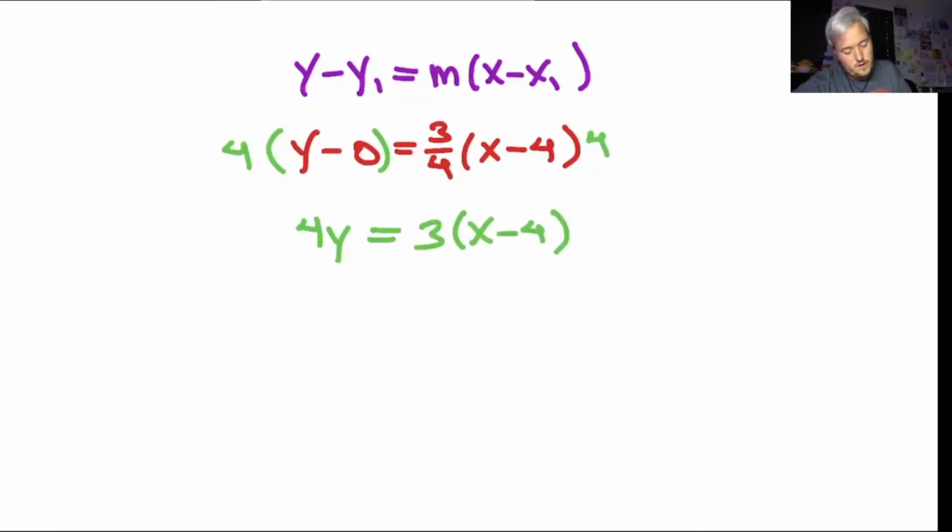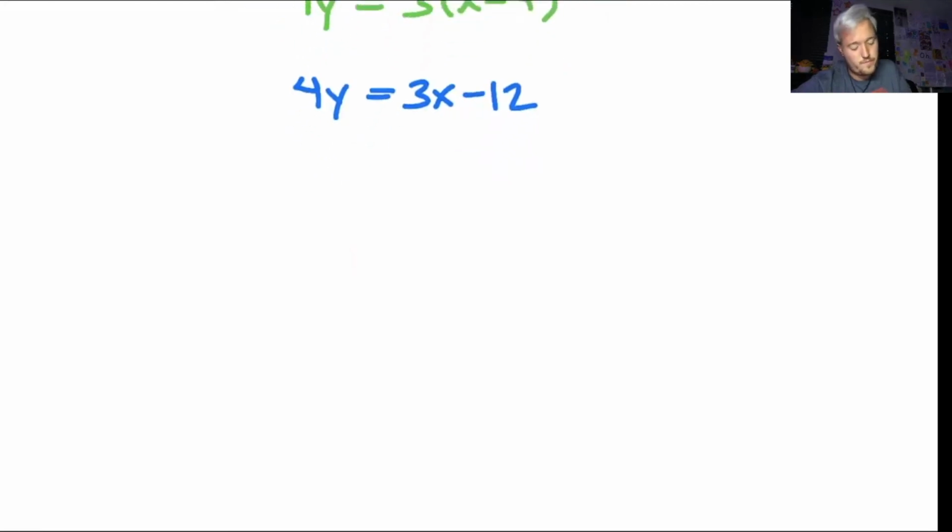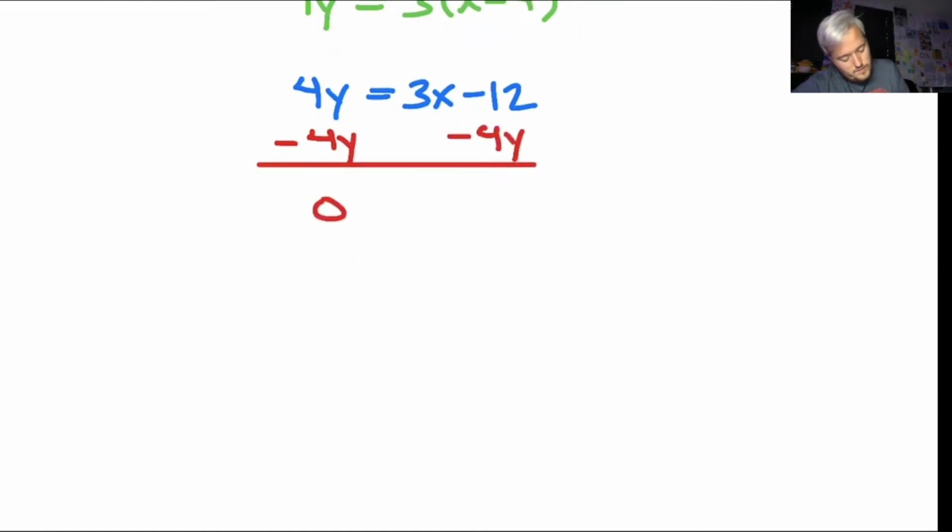All right, distribute. So you're going to have 4y equals 3x minus 12. My x value is a positive whole number, so I'm going to use that as a pivot. So I'm going to subtract 4y on both sides. So I have 0 equals 3x minus 4y minus 12.